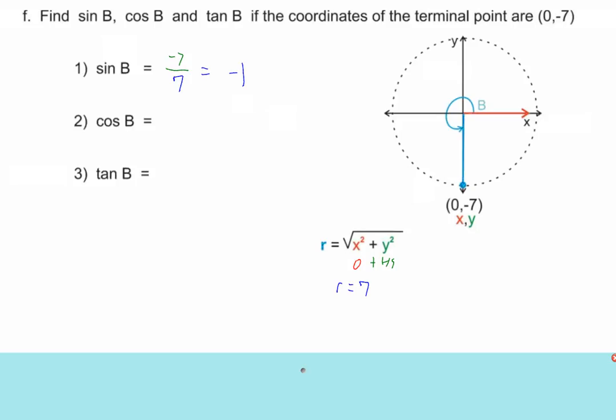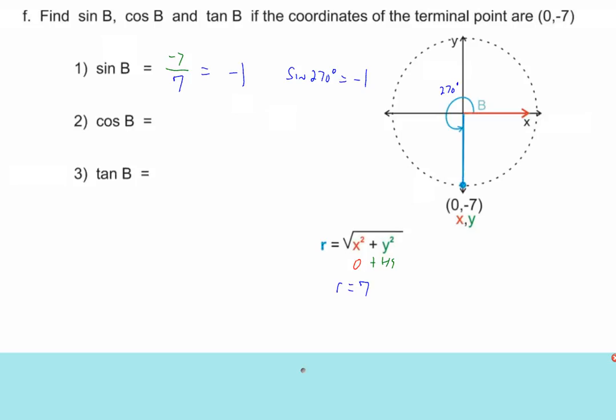By the way, we just found that the sine of 270 degrees is -1. And you can punch that in your calculator, and surely it'll tell you the exact same thing. Because doesn't a terminal point of 0, -7 give you a 270-degree angle? It does.